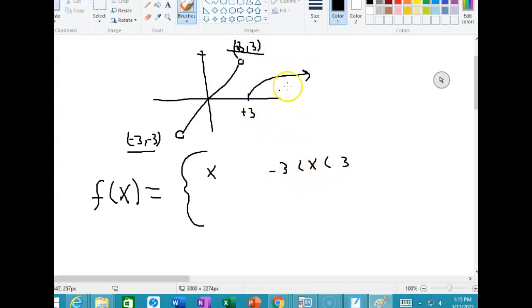And then something like this, let's say this is a closed dot right there. You need to understand that that graph is being graphed for values of x that are greater than or equal to 3. And let's say I had this point right here.